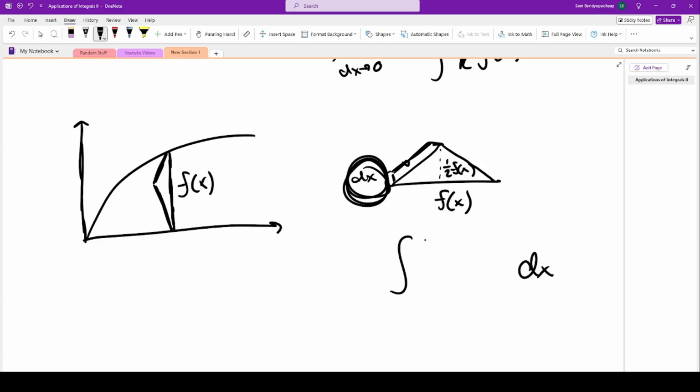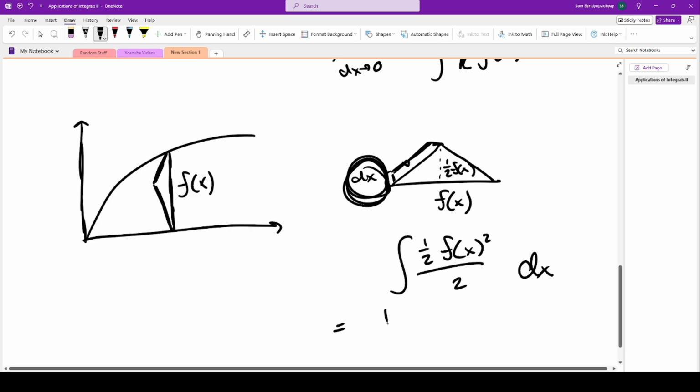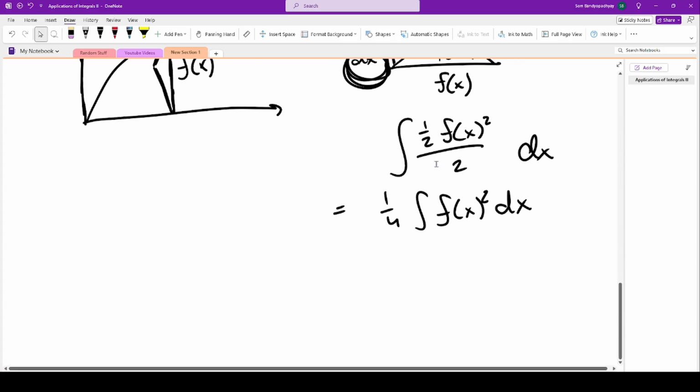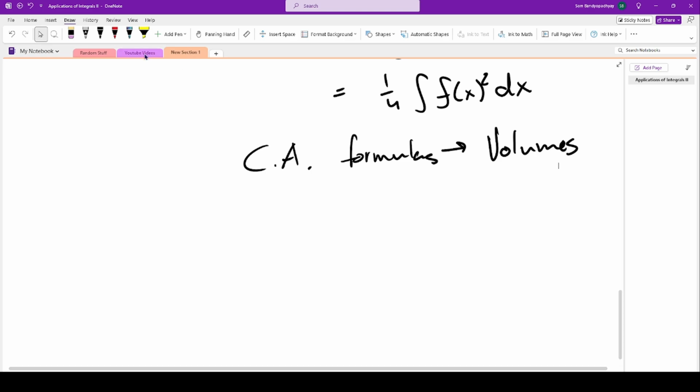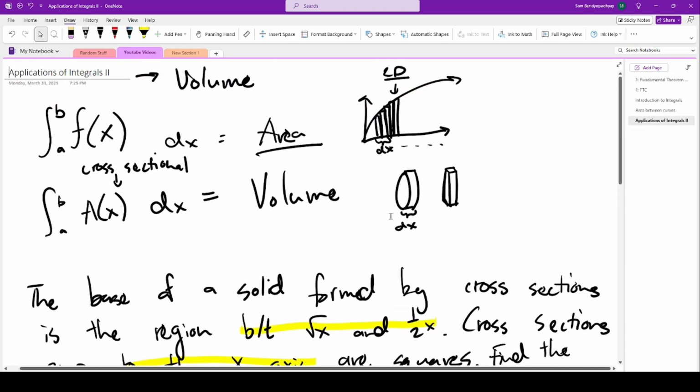So you'd have 1/2 f of x squared over 2, or 1/4 the integral of f of x squared dx, right? So in this way, you can transform these cross-sectional area formulas into actual volumes, okay?